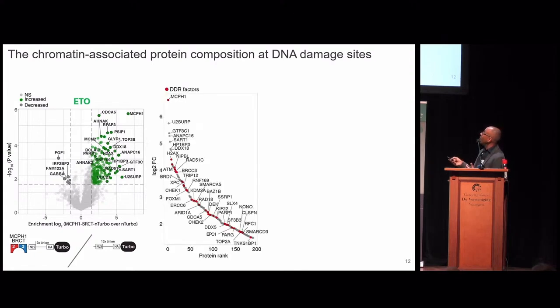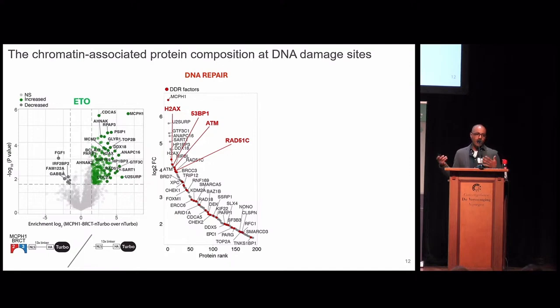When we look at some of the high-confidence proteins, we get, for example, H2AX, which is the histone that is being phosphorylated. Interestingly, we also get the protein ATM, which is the kinase that phosphorylates H2AX. We also get many other well-characterized DNA repair proteins, like 53BP1 and RAD51.